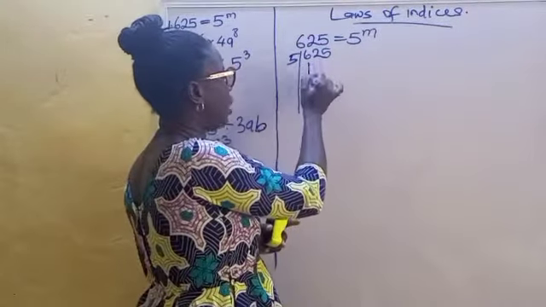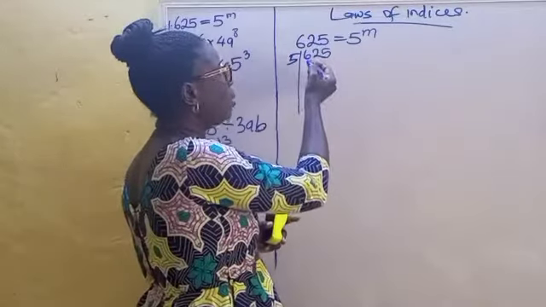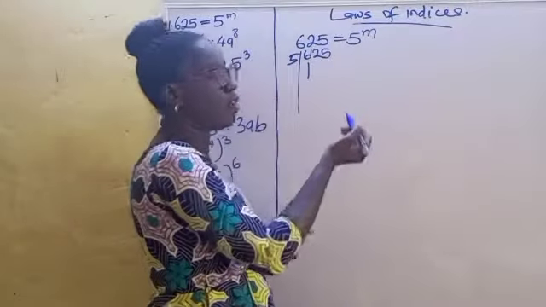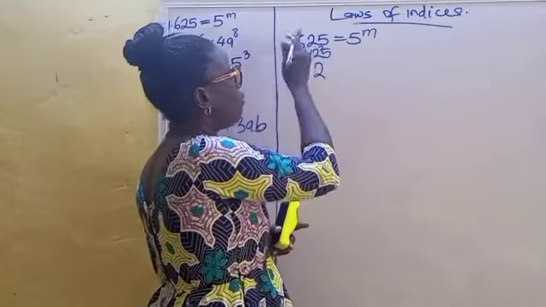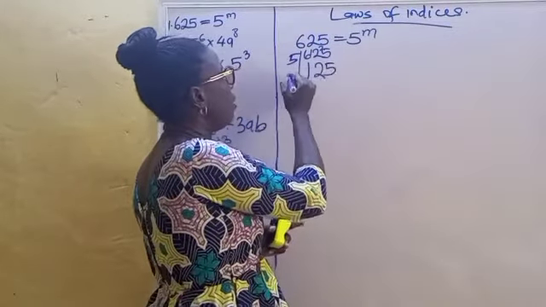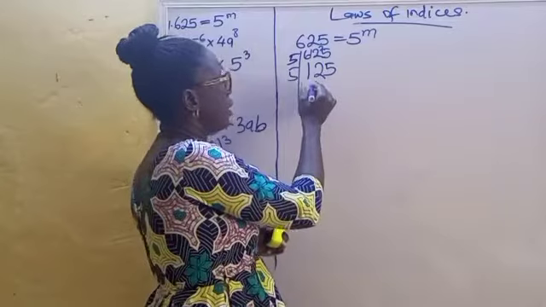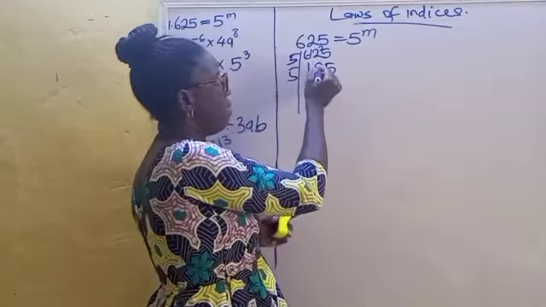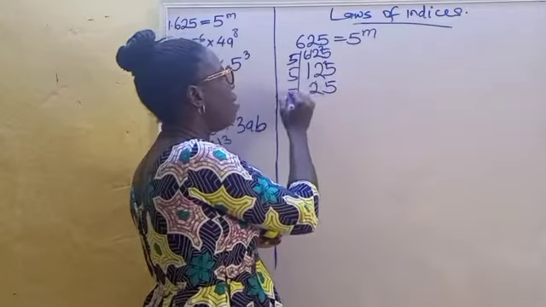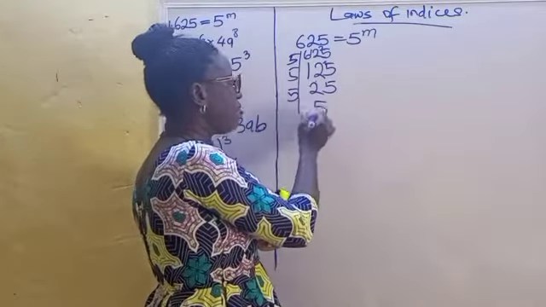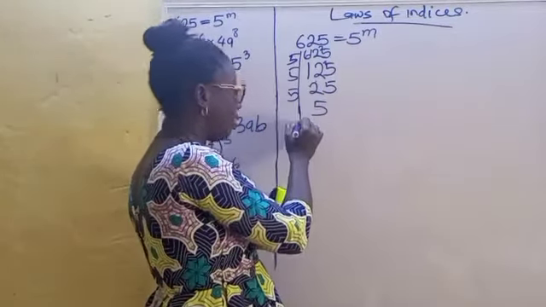5 in 6 is 1, remainder 1, we take it over, it becomes 12. 5 in 12 is 2, remainder 2. 5 in 25 is 5, remainder nothing.